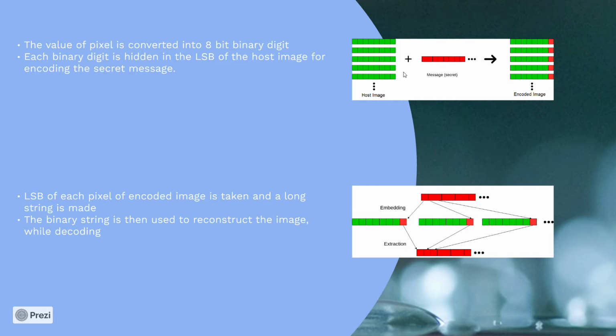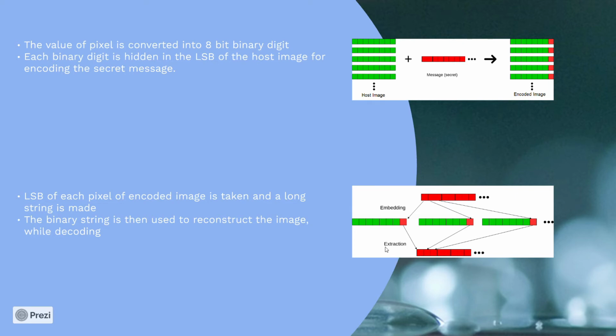We are just making a small change in the host image, and that small change is not visible to our eyes, but while replacing the last bits of the host image, we have saved the information of the hiding image. So after replacing, we get the encoded image, which is the output of the encoder, and this is the image in which we have hidden the information of the hiding image.